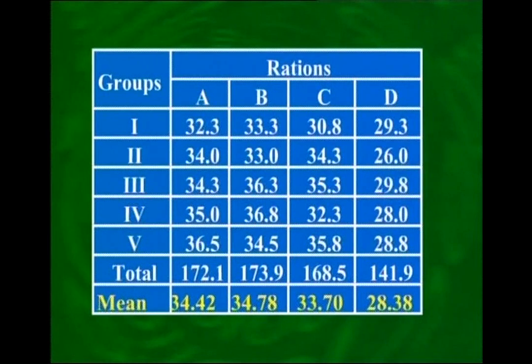Similarly, dividing 173.9 by 5, x bar B is 34.78, and so on.